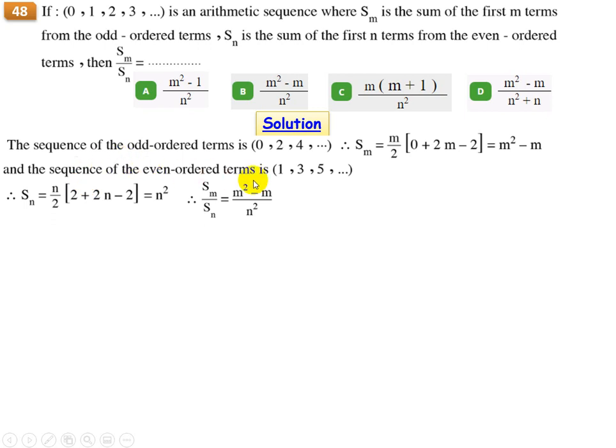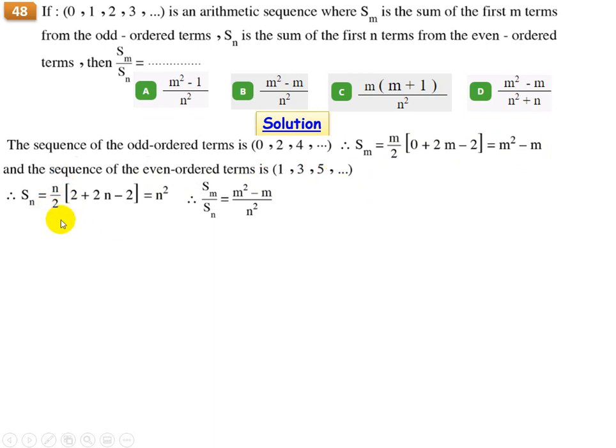The sequence of the odd order terms 0, 2, 4 is Sm, m over 2, first term 0, last term 2m minus 2, which means a plus l. So it will be m over 2 times (2m minus 2), which means m squared minus m. And the sequence of the even order terms 1, 3, 5, and so on.